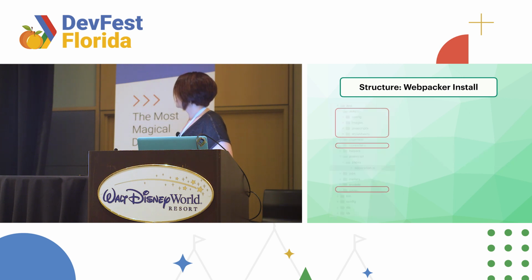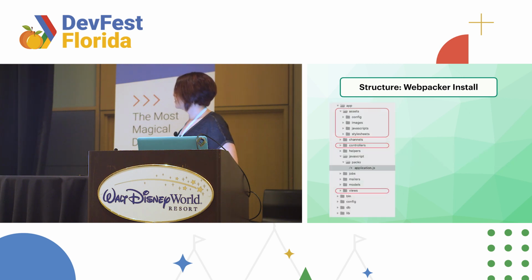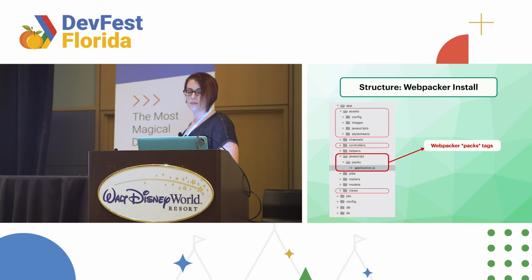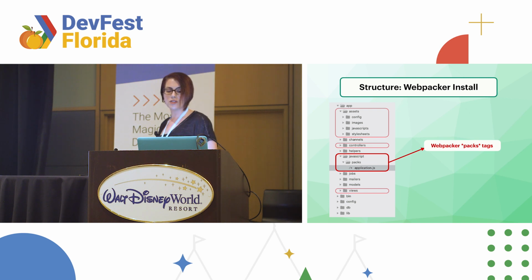When we run that Webpacker install, we get a new directory called JavaScript. And if you'll note up here, we have JavaScripts and we have JavaScript, which can get a little confusing when your directory starts to get crazy. But everything that's inside of that JavaScript directory is going to be run by Webpacker.